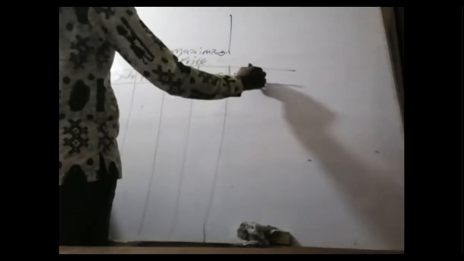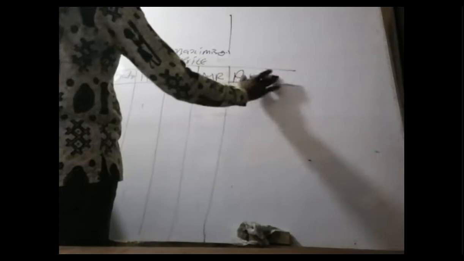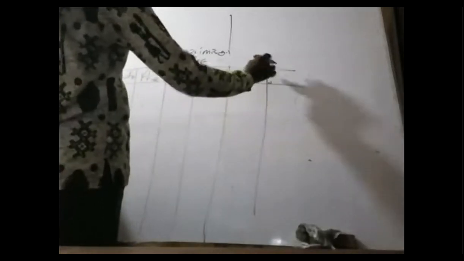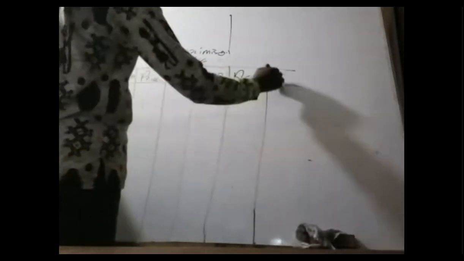We look for the average cost first, AC. Then we proceed to what? Total cost, TC. Then we proceed to what? Marginal cost. Finally, we land ourselves on profit. And then we are done.